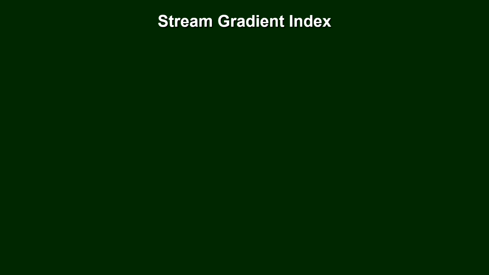Now, the stream gradient index. This is another exercise which can be done using your remote sensing data, if you generate a digital elevation model or digital surface model and extract the river profile from it.